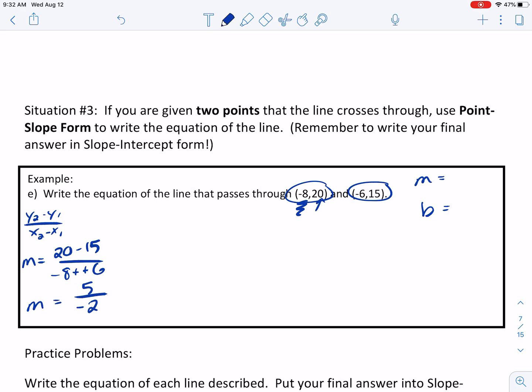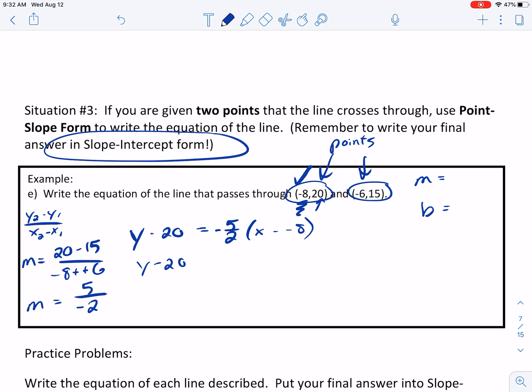Great. To get your y-intercept, well, you now have a point and a slope. You have 2 points, so you can just use the same process we did on the previous problem, where you plug a point into point-slope form. Let's do that. y minus 20, I'm going to use this first point, equals -5 over 2 times x minus -8. And then just solve for y, because again, we want our final answer in slope-intercept form.